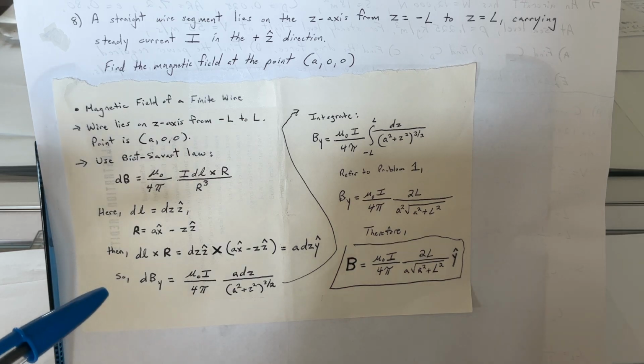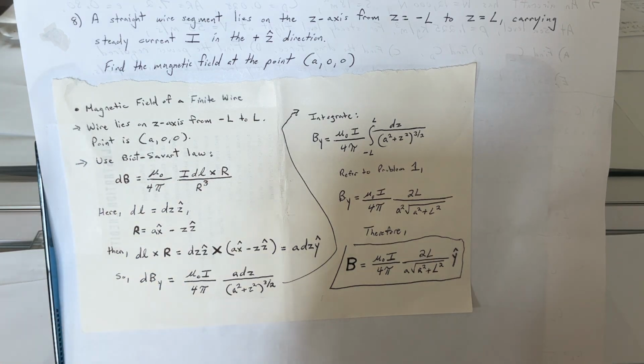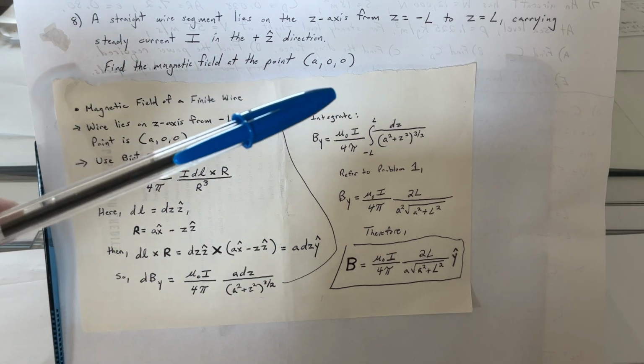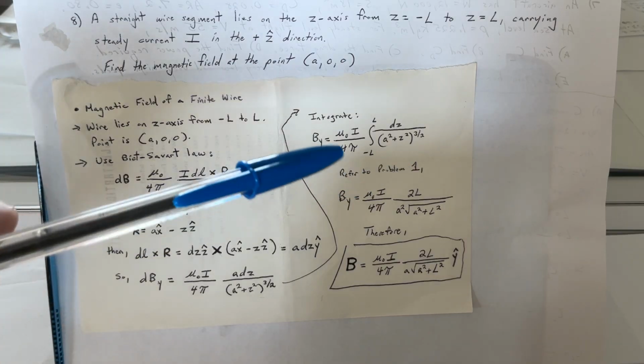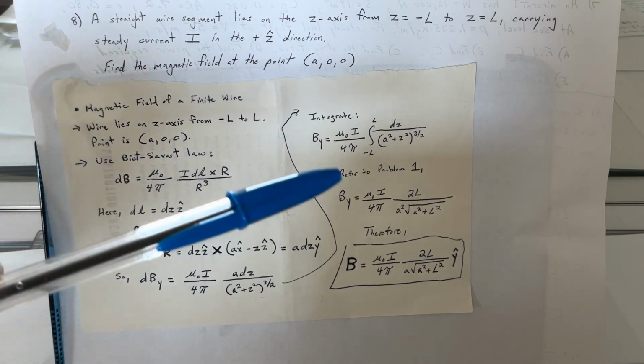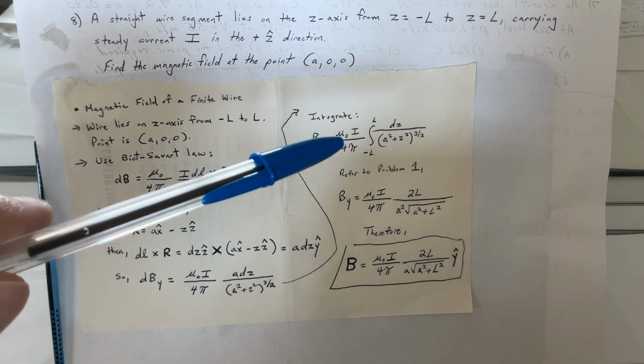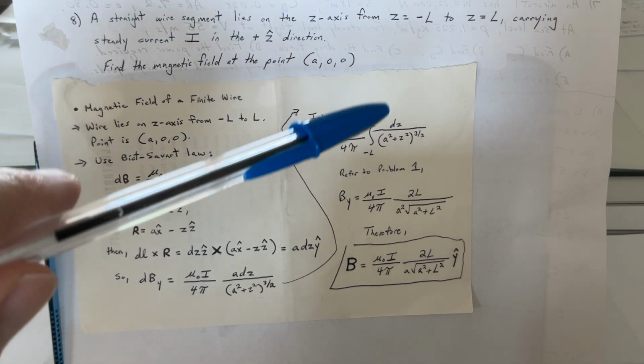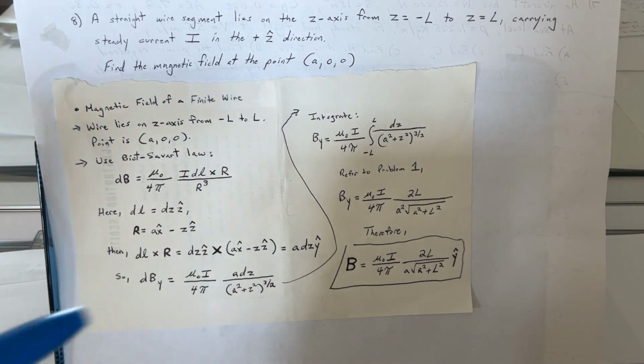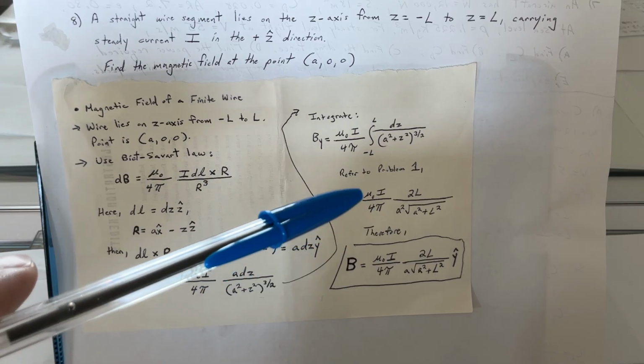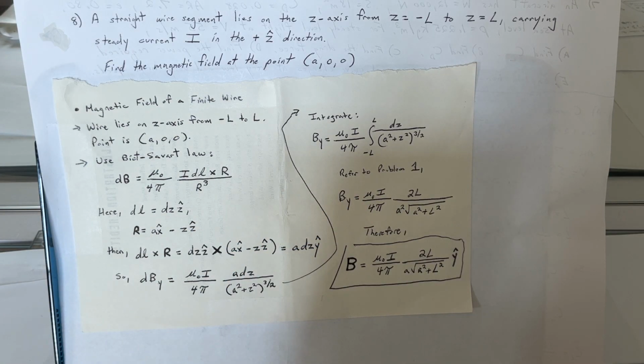So this dB sub y is equal to mu naught I over 4 pi times a dz over a squared plus z squared to the 3 halves. And we integrate, referring to problem 1, a very similar integral. When we integrate here, we wind up with B sub y equals mu naught I over 4 pi times 2L over a times the square root of a squared plus L squared.